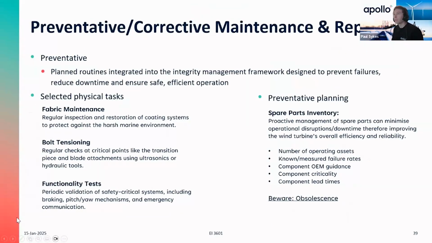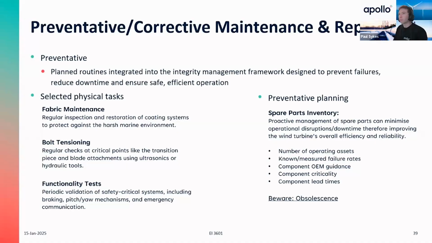Just a couple more from me, and I'll go through it quite quickly. This slide introduces the preventative side of maintenance and repair, which is really about trying to do the right work at the right time to avoid failures in the first place. Preventive maintenance sits firmly within the integrity management framework as it's planned, risk informed, and linked back to what matters for the asset.